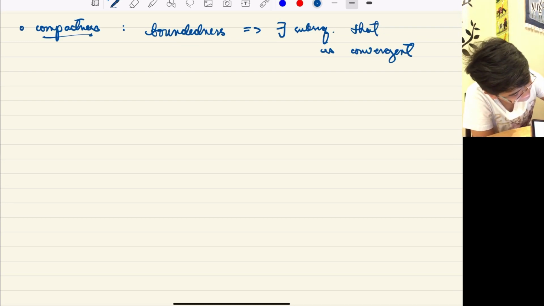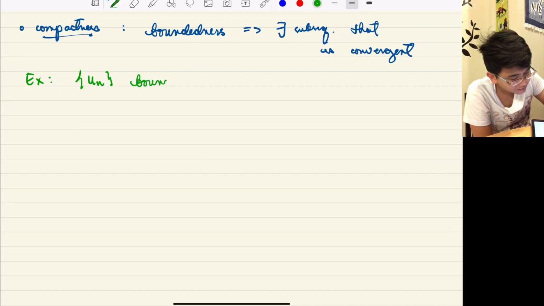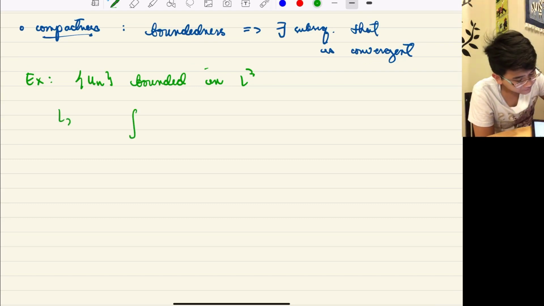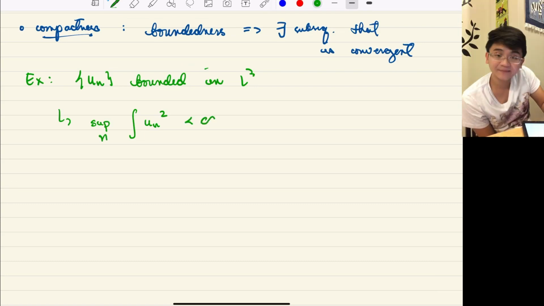Suppose I have a sequence of functions un that is bounded in L2. What that means is, if you look at the integral of un squared, the supremum of this over n is finite.